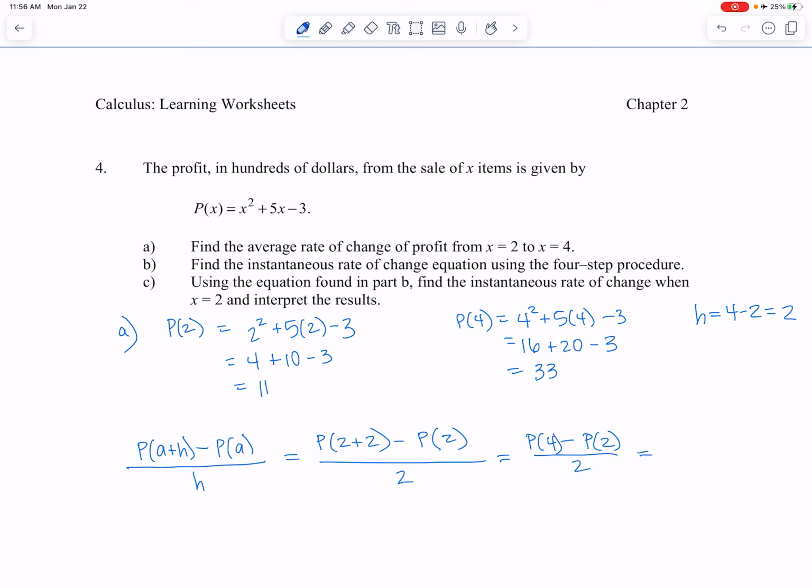So that's what we calculated earlier. P(4) is 33, P(2) is 11, and so we end with 11. That is our average rate of change of profit from x = 2 to x = 4.